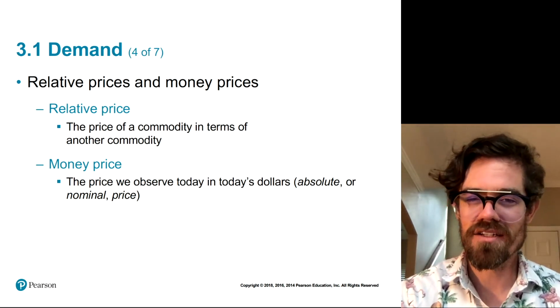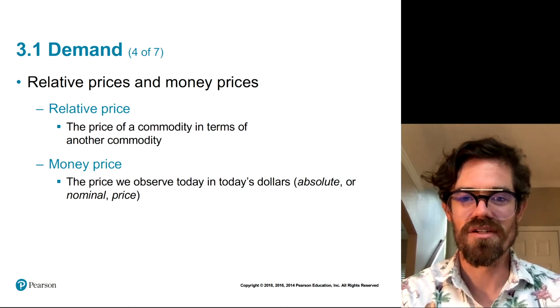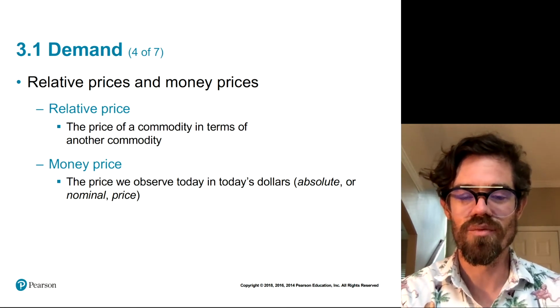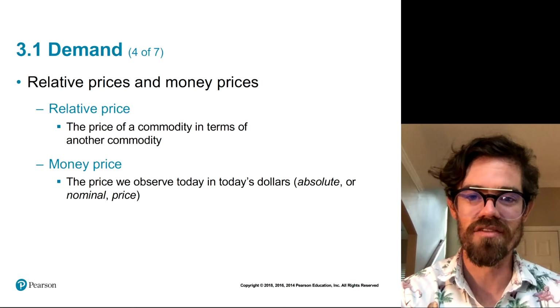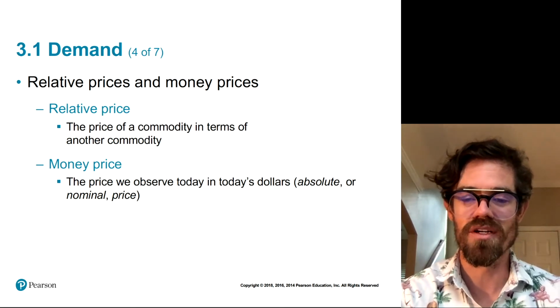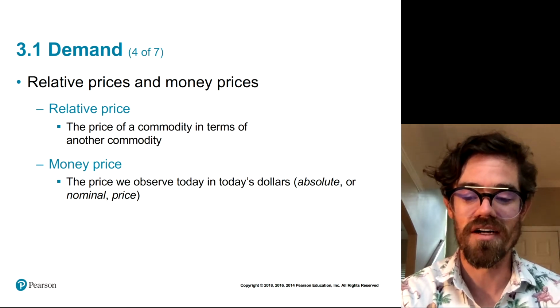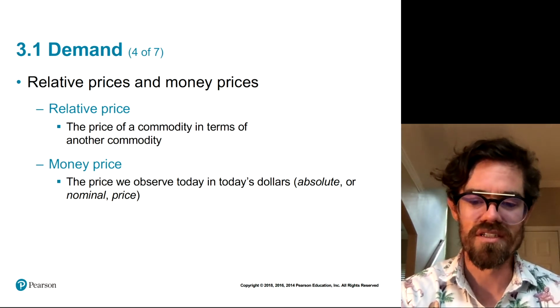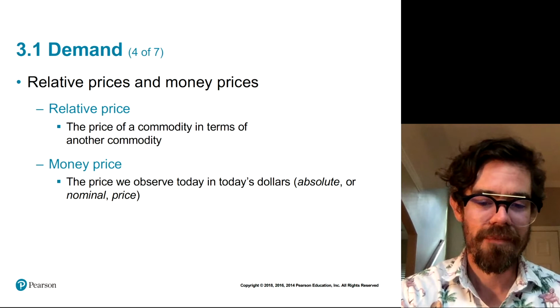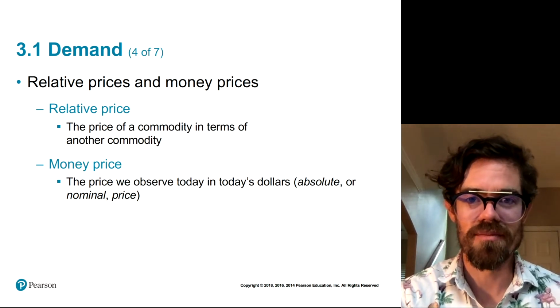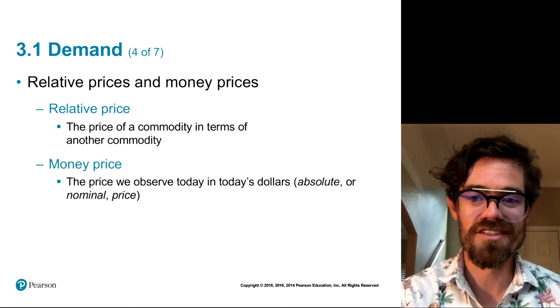The price we're not as familiar with are relative prices, although you've probably at least heard of one or two examples in your life. This is basically when the price of a good is expressed in terms of another good. For example, as it turns out, a common form of money in prison is cigarettes, right?